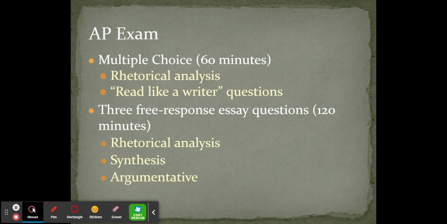Ultimately, even though I like to think that the skills, and we'll talk about those in a bit, lead to something worthy of lifelong skills, we do work towards the AP exam as well in May. The AP exam, as you can see, consists of two big parts. The first part is a multiple choice part, takes 60 minutes, and students get 45 questions. We practice for this throughout, off and on during the school year.